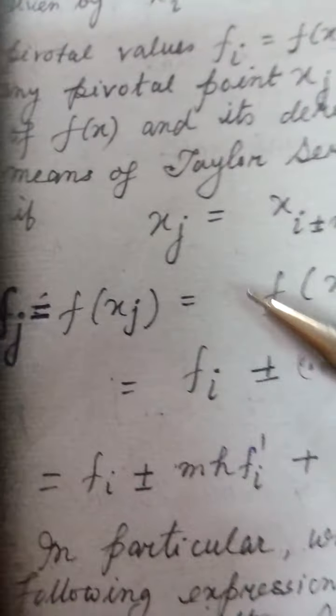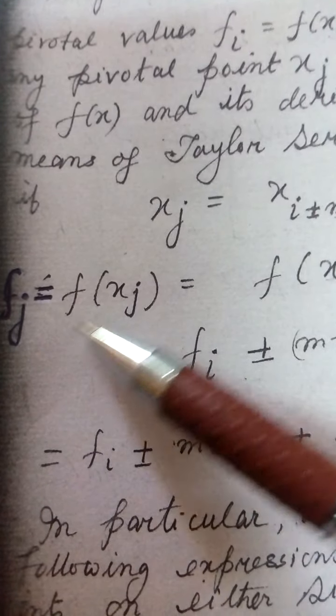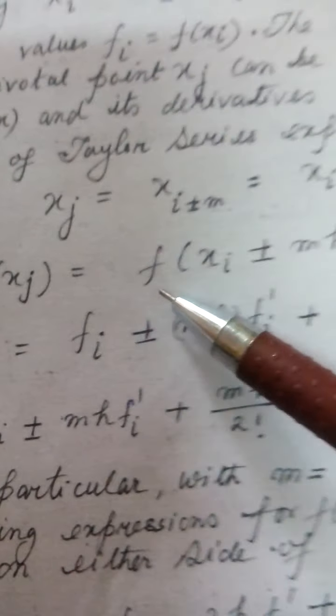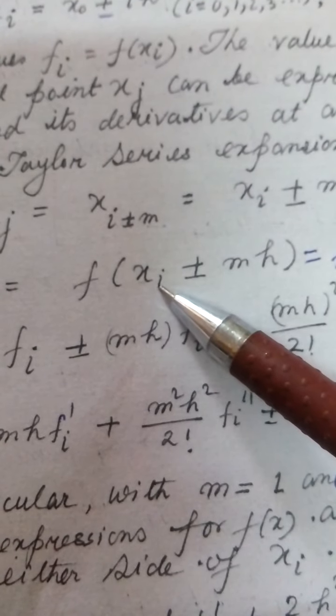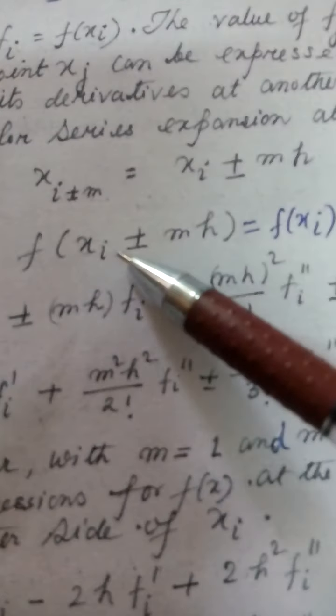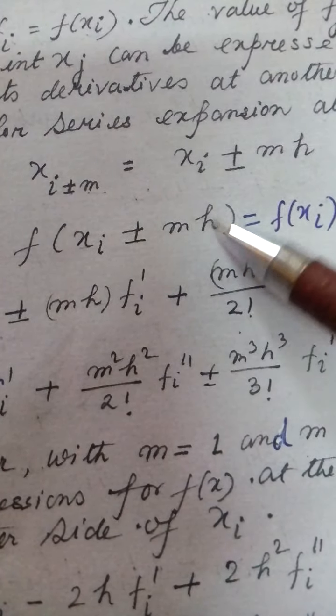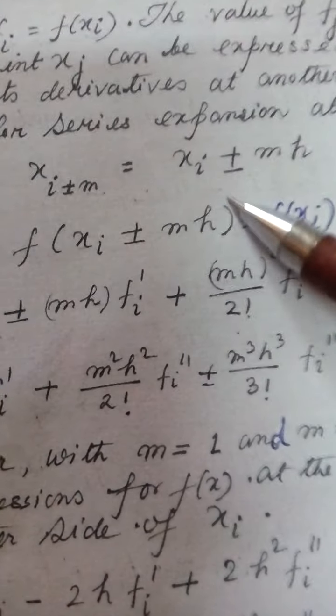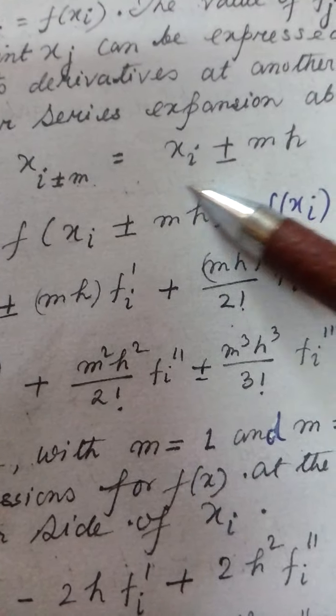We will be applying here this one: fj is equal to fxj is equal to f of xi plus or minus mh. This is the formula I will be using. Here it is m, not only h. So you put in place of h the mh.